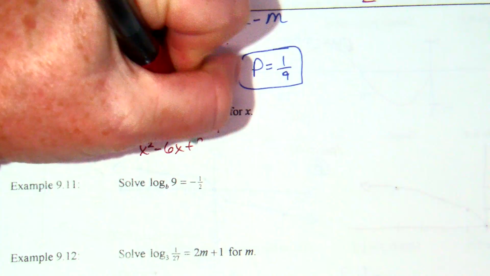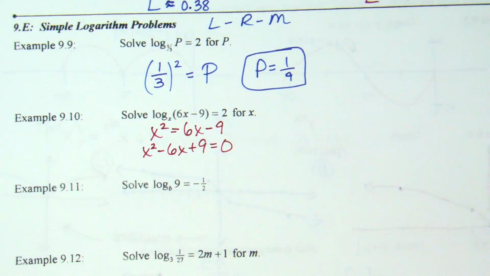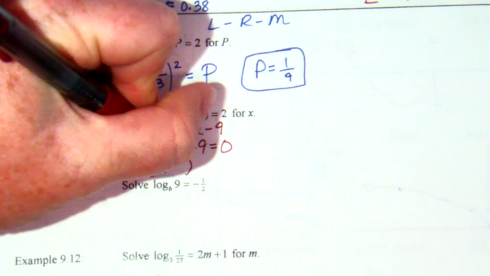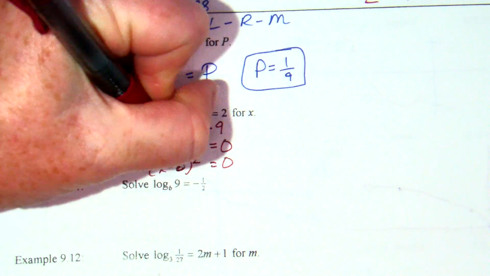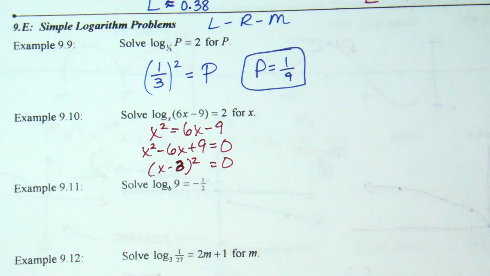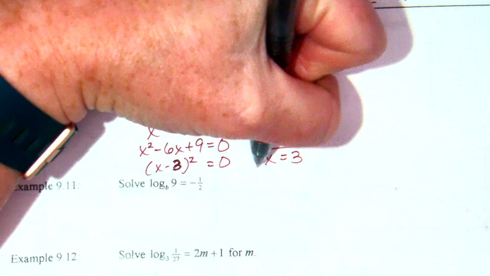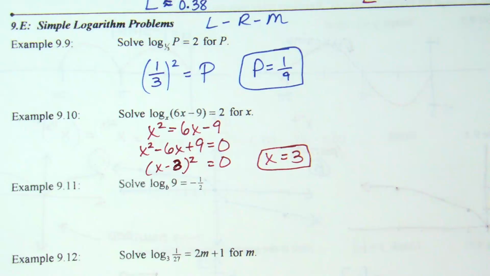So I'm going to make it x squared minus 6x plus 9 equals 0. Factor. What's this factor into? X minus 3 times x minus 3, or x minus 3 squared. Set both parts equal to 0, and x is 3.